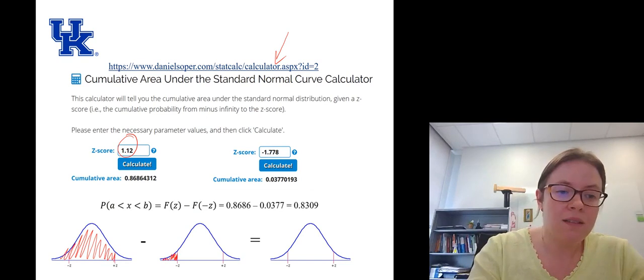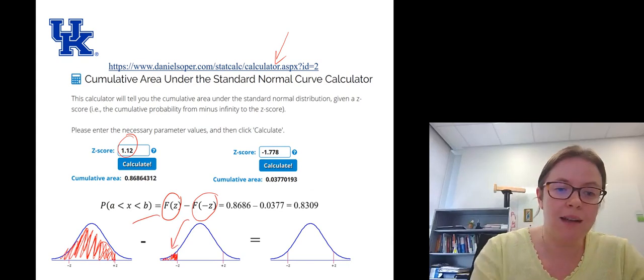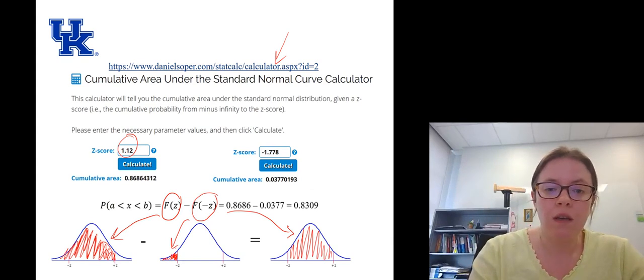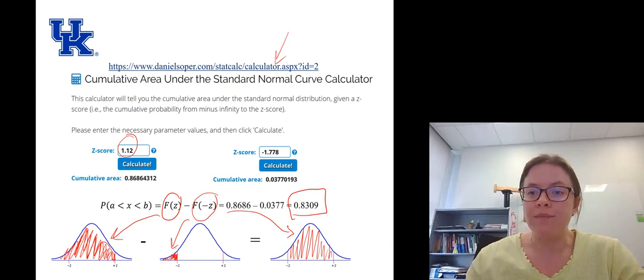So if I take this F of z and subtract F of negative z, which is here, then I will get this area here in the middle, which is 0.8309.